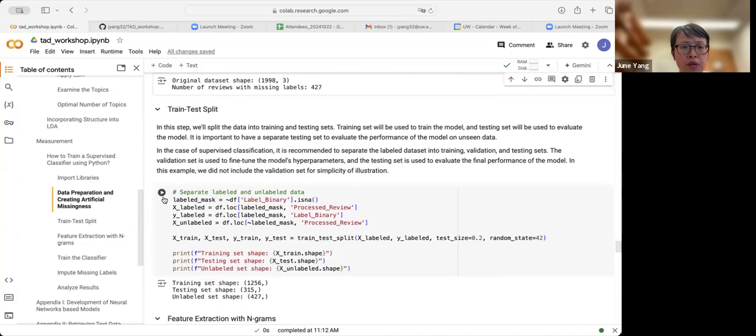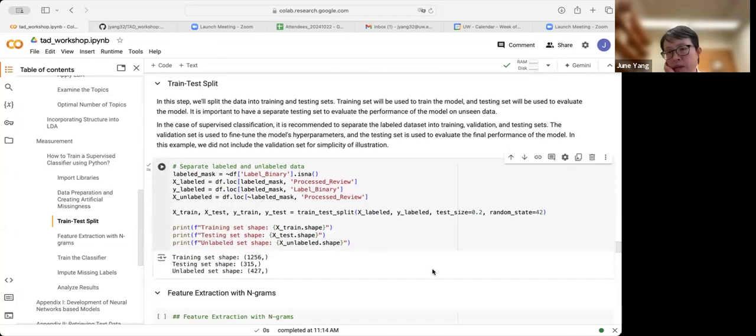Before we build models, in any context of supervised modeling, we need to split our data set into a training and a testing data set. The thinking behind this is that we need to train our model, our logistic regression model in this case, using the training data set. And then we need to separate out a data set that this model hasn't seen before for us to test how well this model performs.